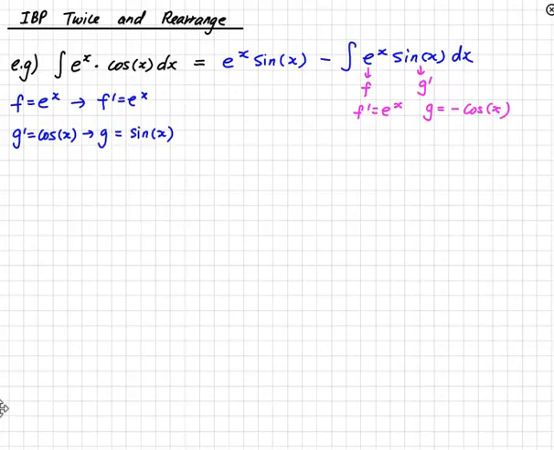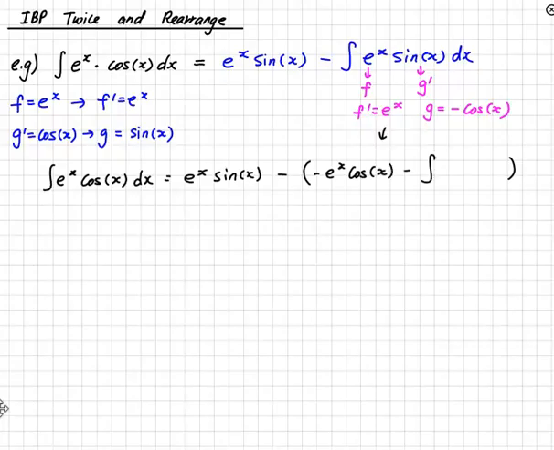So therefore, I can rewrite the whole thing. So the left-hand side equals e to the power of x sine x, minus the result of the integration by parts of this, which is negative e to the power of x cos x, minus integration of f dash g, which is negative e to the power of x cos x dx. Okay, just tidy up a little further.